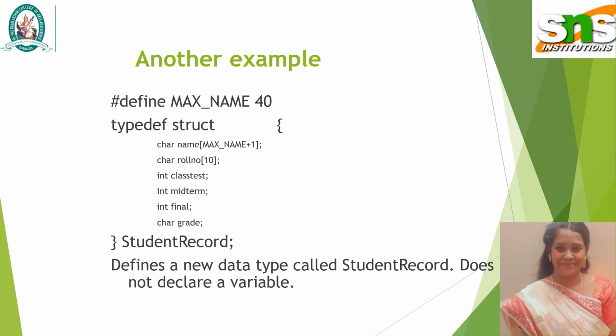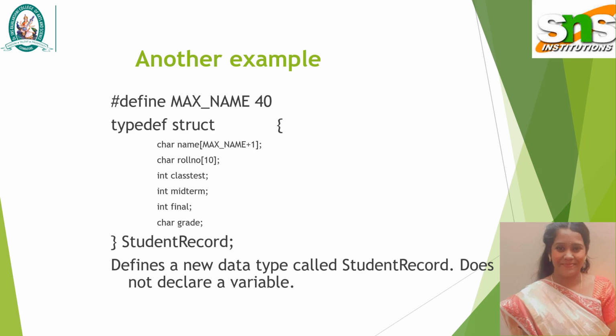The name is defined by character, the roll number is defined by character, the class test is defined by integer, midterm is defined by integer, the final is defined by integer, and the grade is defined by character.